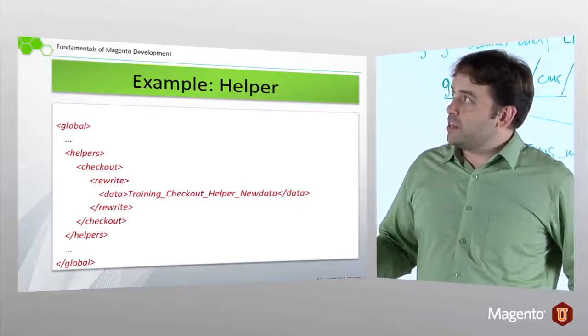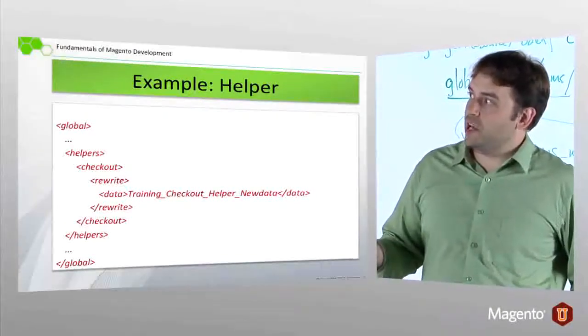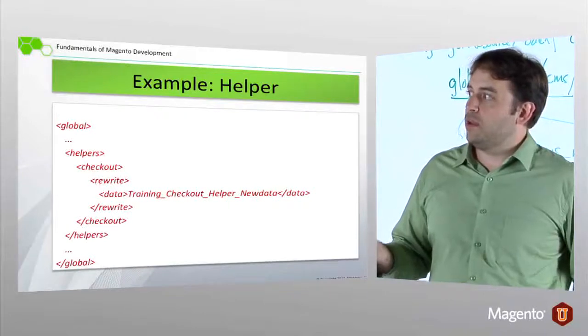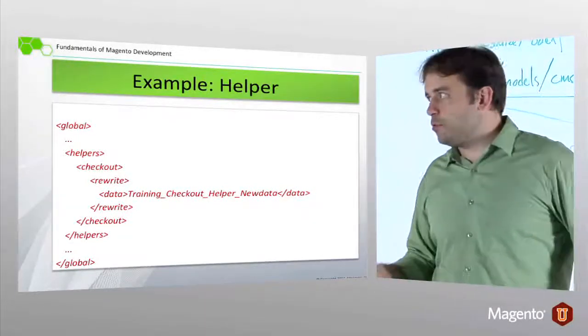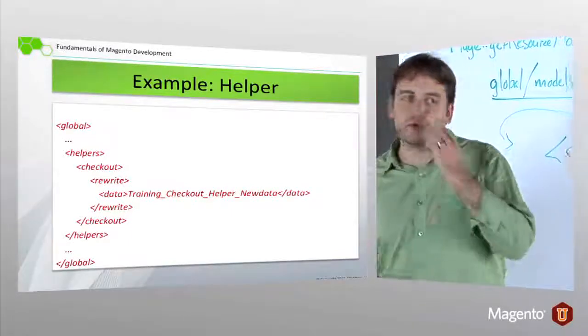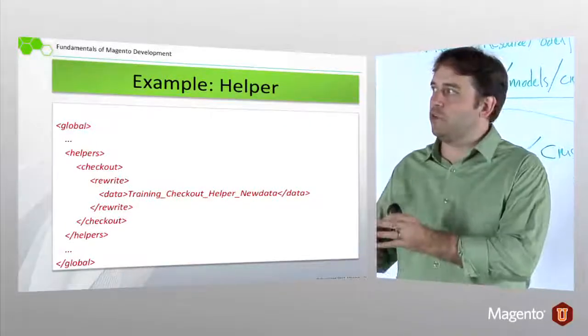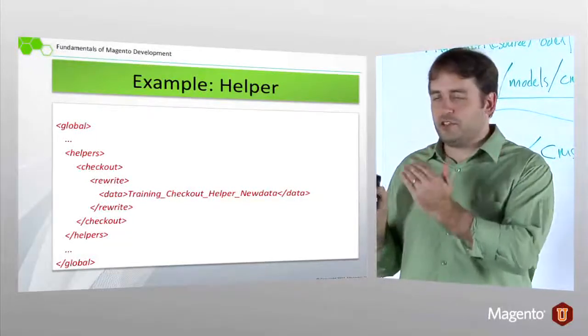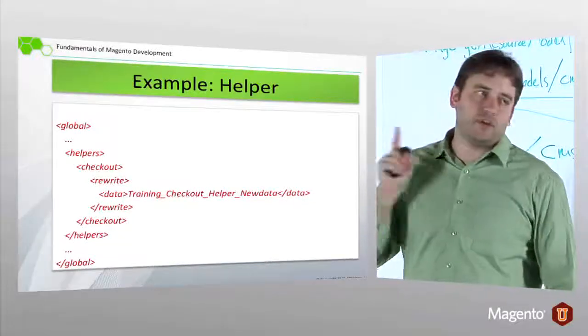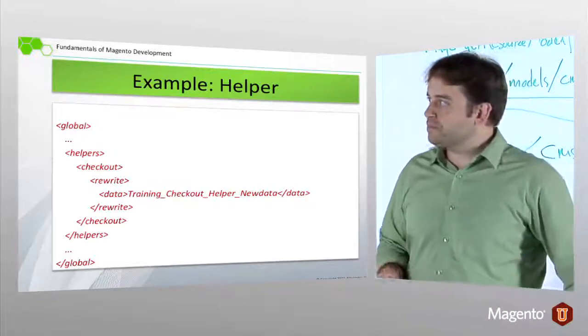So the class that we're overriding here would be Mage checkout helper Data.php. If you need to override that, you could call the same thing with Mage helper checkout/data. But checkout/data and checkout are the exact same thing for helpers alone.